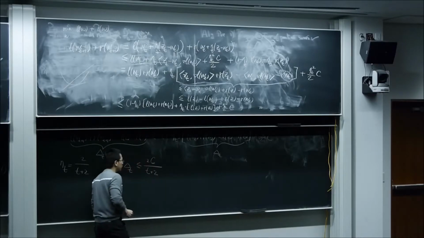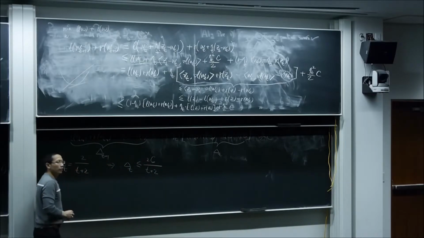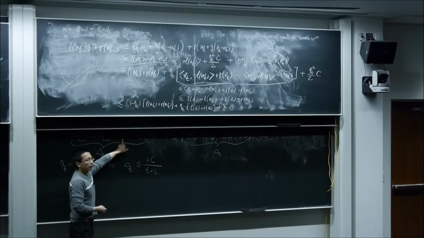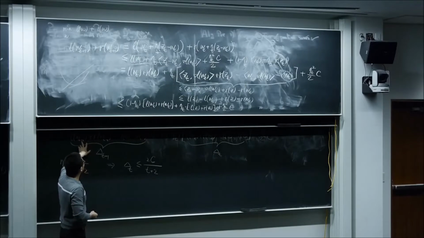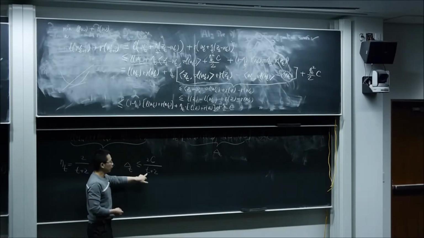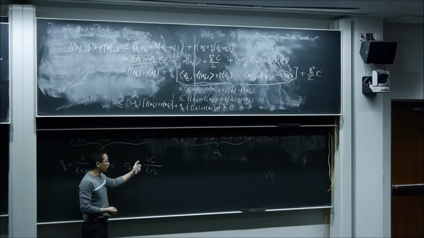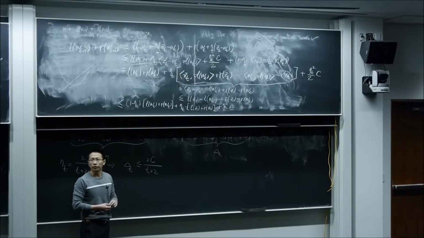Maybe we'll have a 2 here as well. So what does this mean? This means for any other point z, the objective of my W_t minus that is going to be smaller than a constant which is decreasing to 0 at the rate 1 over t.